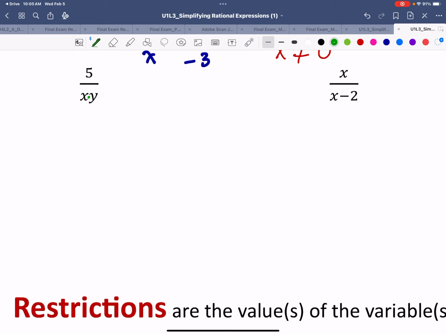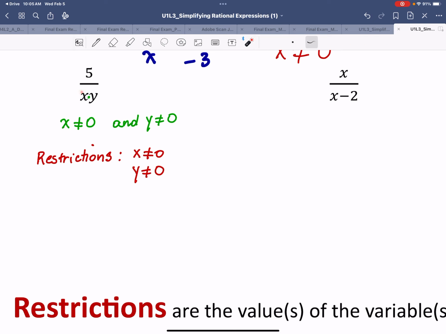So we're going to say that x has to be different than 0 and y has to be different than 0. In this case, we have 2 restrictions, because in this particular example, we have 2 different variables. If either one of them becomes 0, then it will make the entire denominator 0 and the expression undefined.